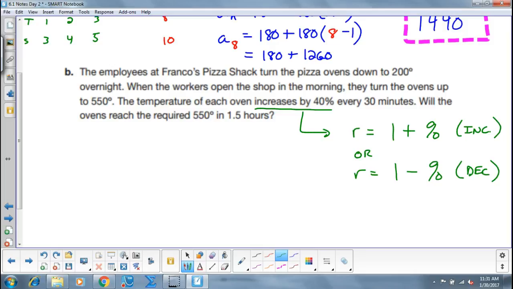Okay. So if we're increasing by 40%, that tells me that my r value is 1 plus 40% in decimal form, which is 0.40. So that gives me an r value of 1.4.